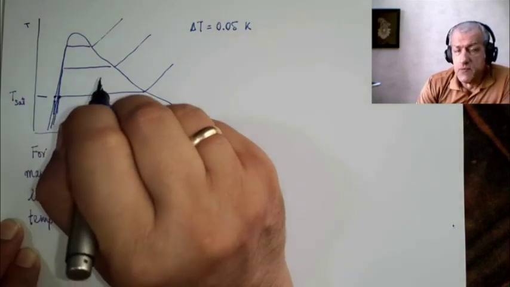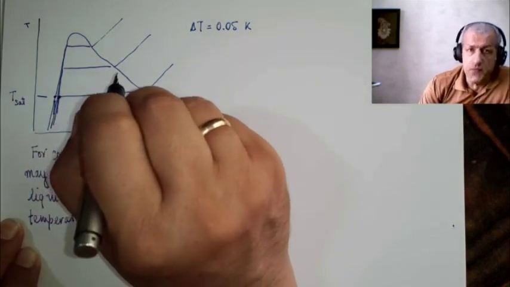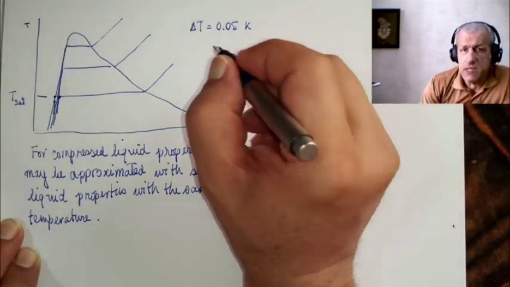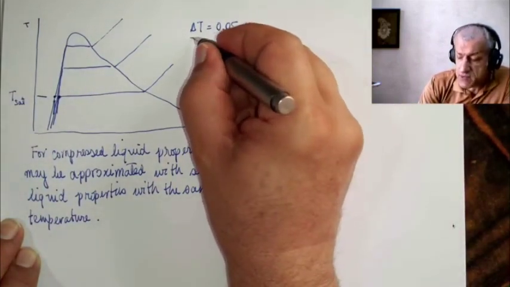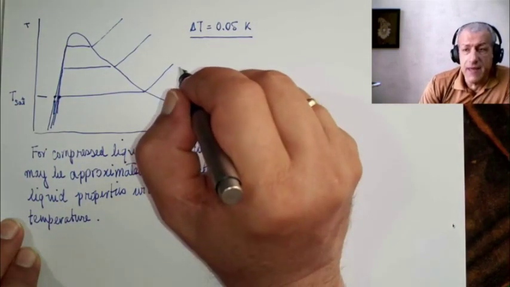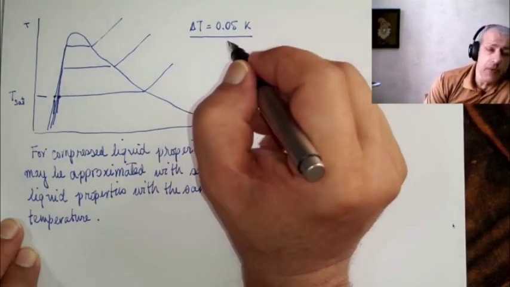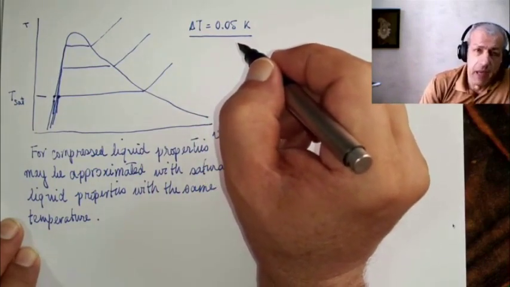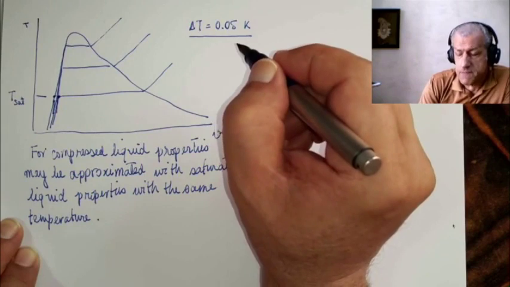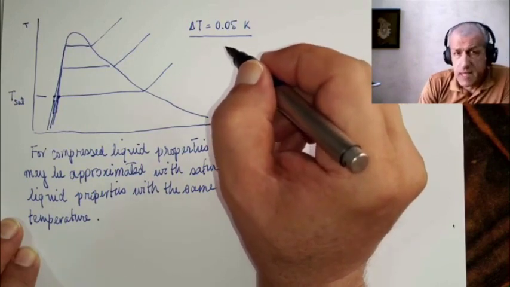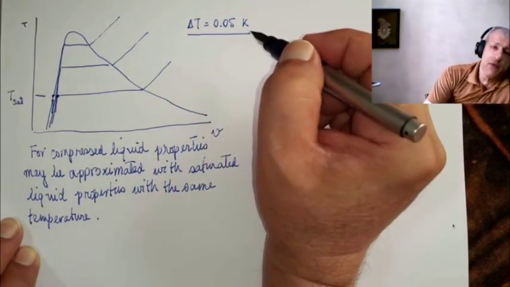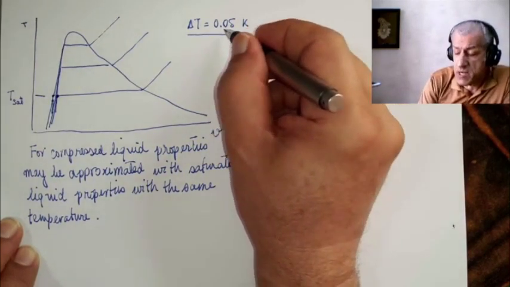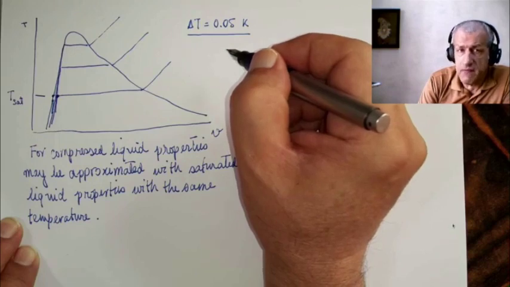So it would be very difficult to just read the values from the saturation line, even interpolate them at such close proximity and expect good results. But for the problem at hand, we are given that the change in temperature is 0.05 Kelvin.